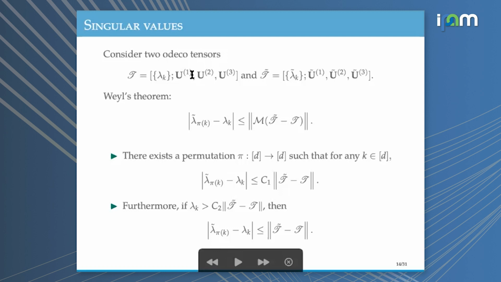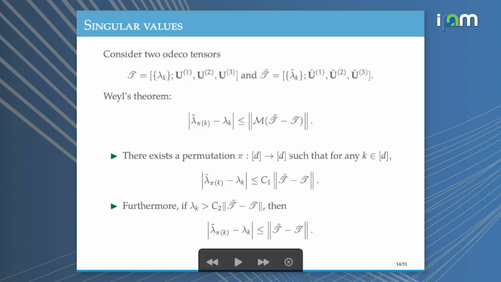So these capital U's are just a collection of all these singular vectors along the first mode, along the second mode, along the third mode, and so on and so forth. And because I'm assuming the tensor is orthogonally decomposable, all these U's also have orthogonal columns. Similarly, suppose I can compute an orthogonally decomposable tensor T tilde from X, and this is what I would get.